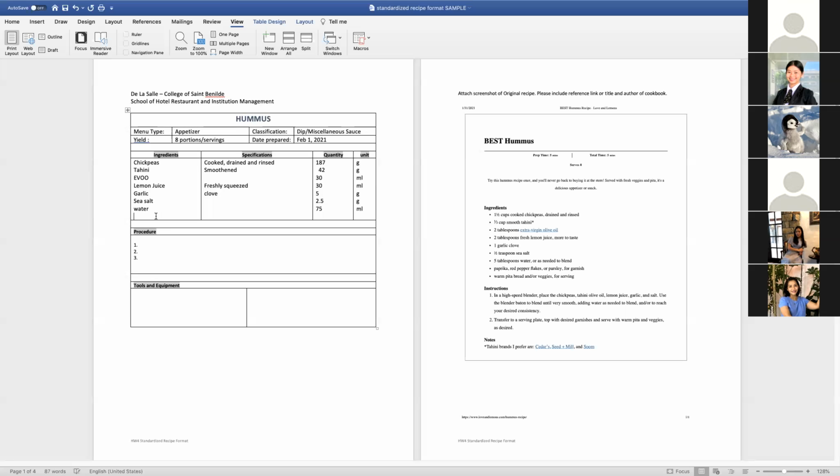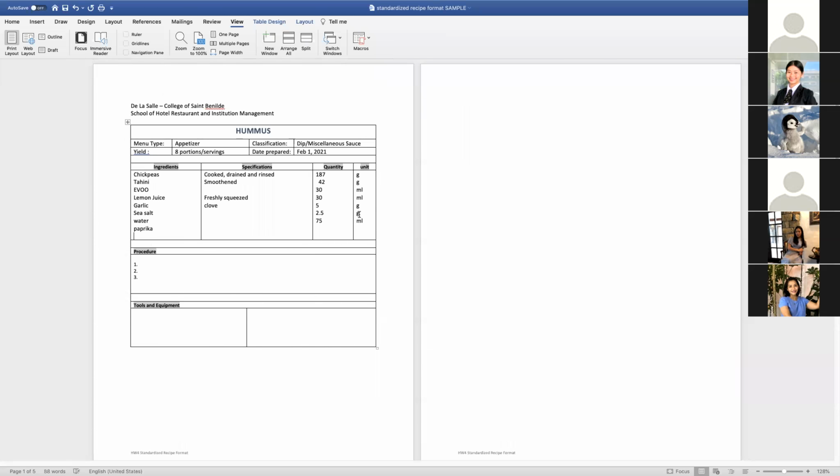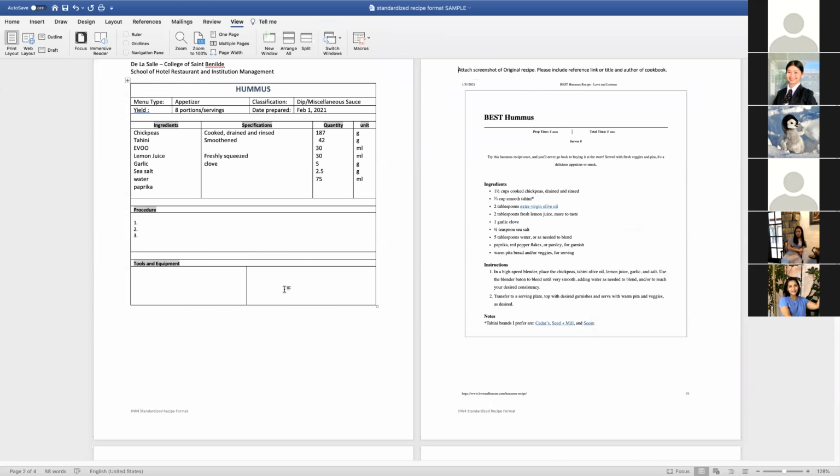Now the paprika does not say any quantity. Maybe there are recipes that will give that. It's okay. It says there for garnish.